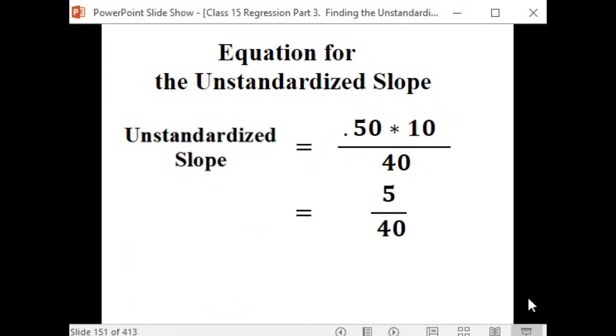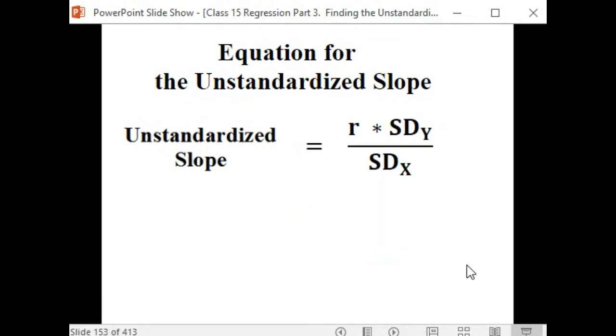So we substitute 5 for 0.50 times 10, and then we divide 5 by 40, and we get the decimal fraction of 0.125, and that's the slope.